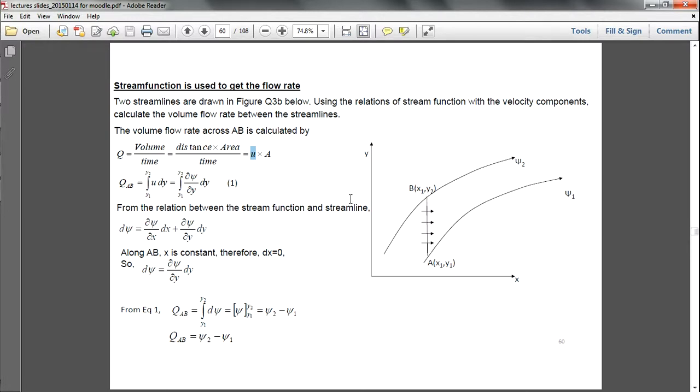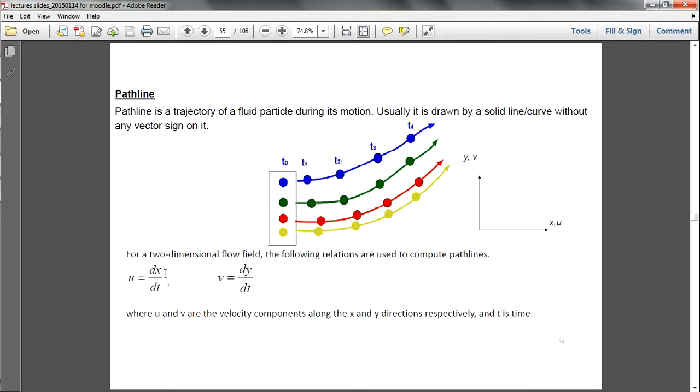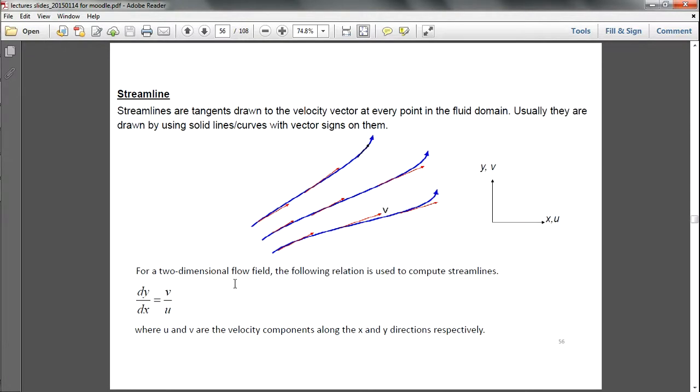So in this case we are talking about a streamline and a gradient. I would recommend you use this equation. If you are talking about a path line, you use this equation. So for a path line they use this one, and for a streamline they actually use this equation.